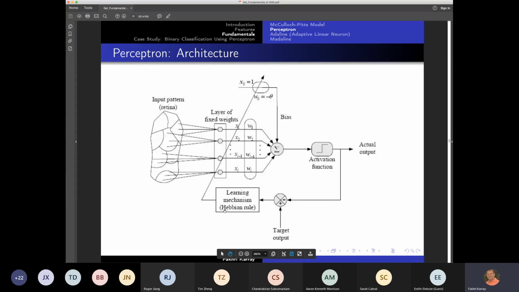And then with this learning error, we utilize what is known as the Hebbian rule or the learning mechanism, similar to what is happening in our brain in terms of reinforcement of the signal, not reinforcement learning, but reinforcement of the signal that is being transmitted from one cell to the next, made using the Hebbian rule. I will discuss that later on.